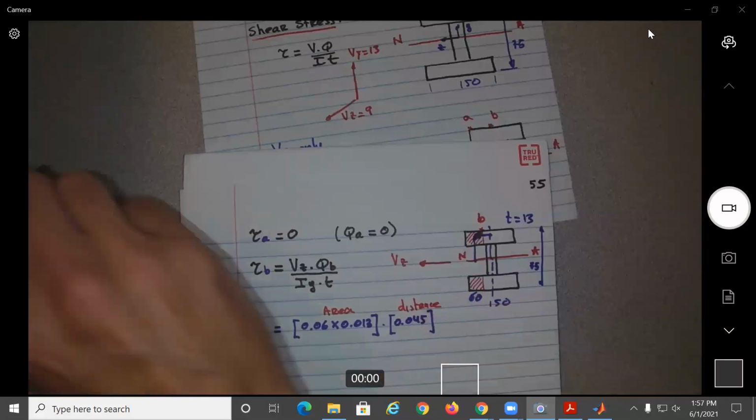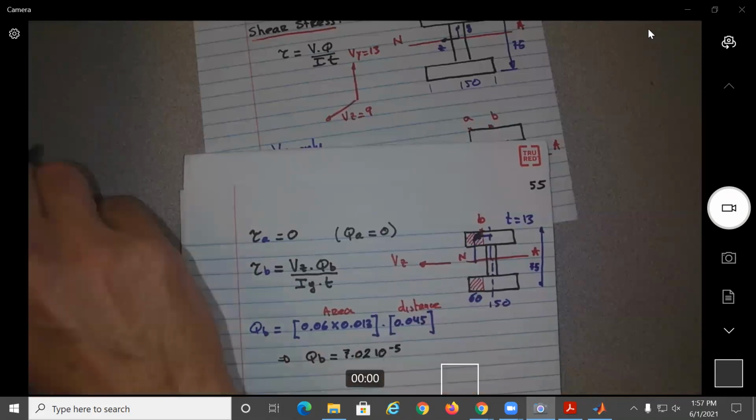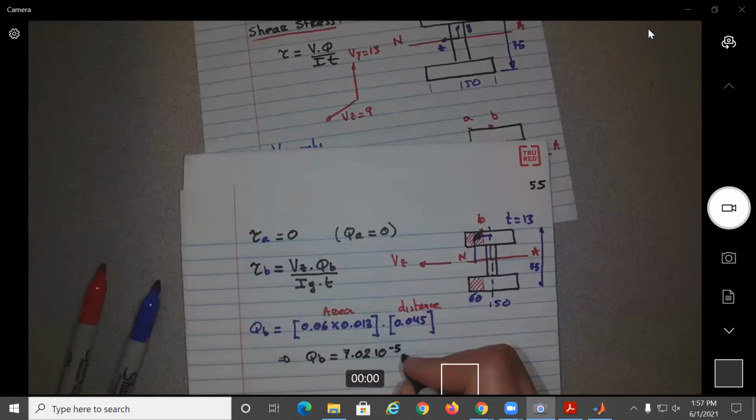All right, if we do the calculation for this, it will give you Q of B equal to 7.02 10 to the minus 5, and this should be meters to the cube.